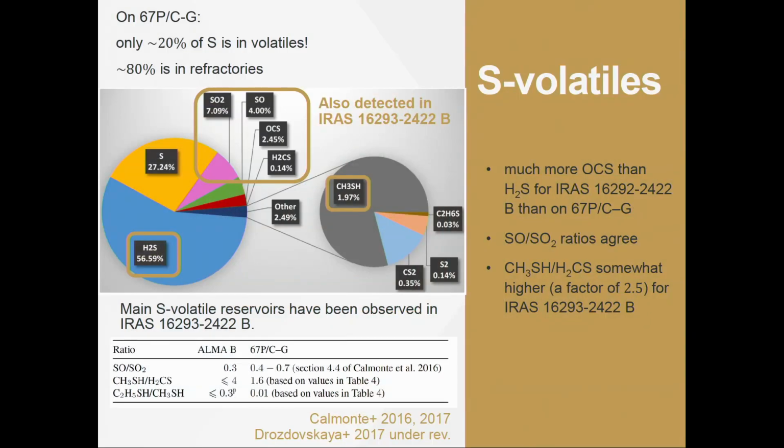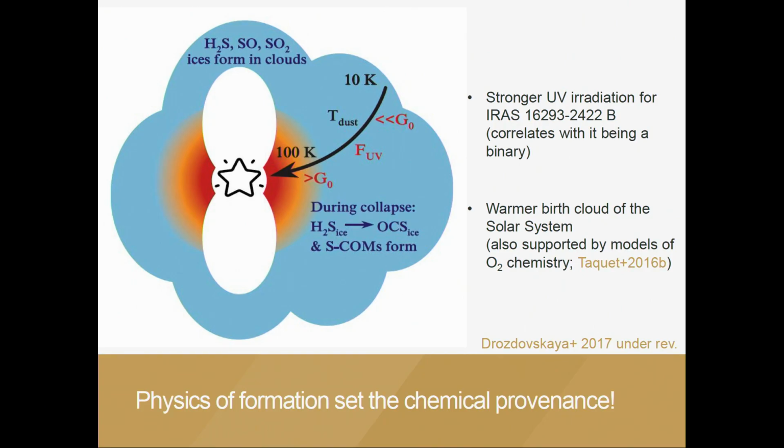So the explanation that I think explains at least the similarities and differences for sulfur-bearing species can be summarized in this figure. So it can be that stronger UV radiation for the case of IRAS 16293 could help change H2S ice into OCS ice, so this is a grain surface chemical process, and to also form some more sulfur-bearing complex species.